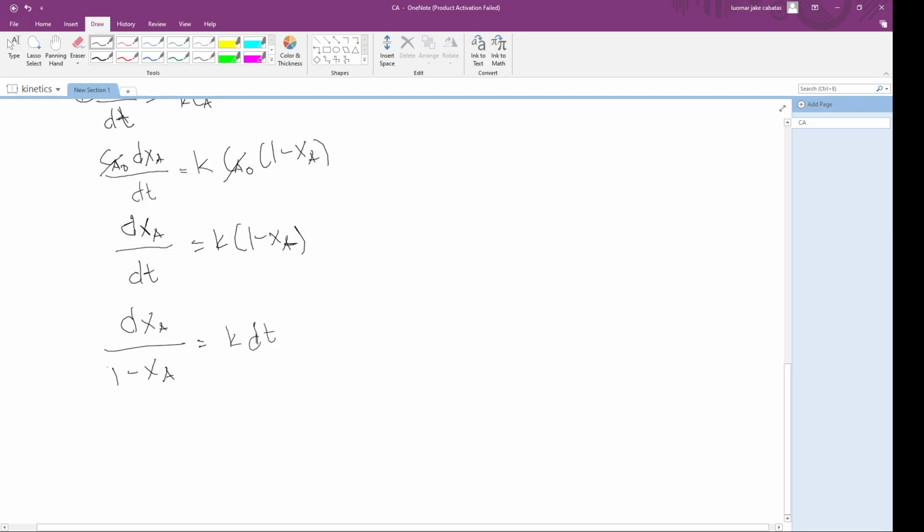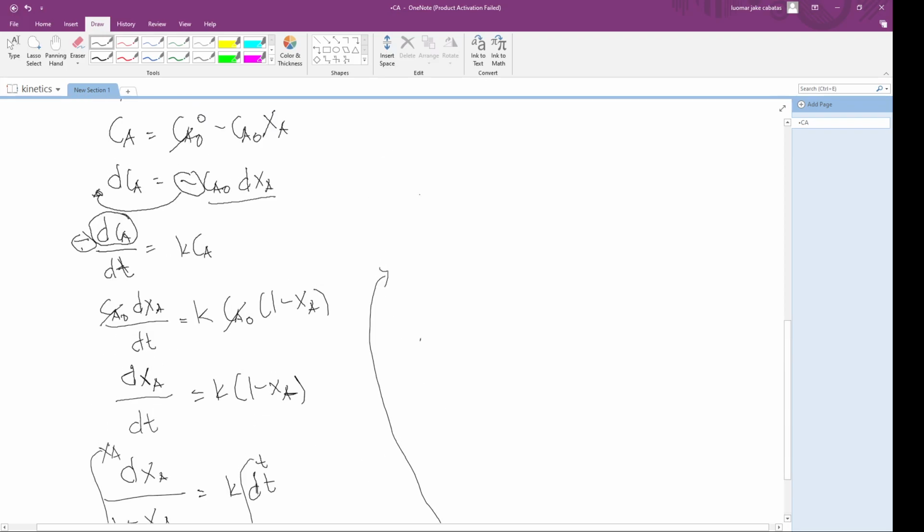Then integrating with limits from 0 to t. Here it is 0 since we start the reaction with 0 conversion, and then XA conversion at a certain time.